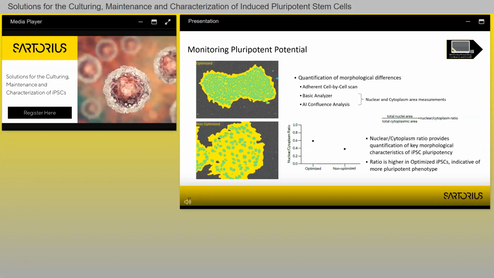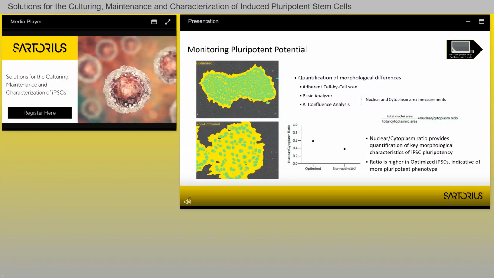Using the Incucyte and the Nuclite red iPSCs, we are able to monitor pluripotent potential in these particular cell types. So we can quantify morphological differences. During this experiment, we used adherence cell-by-cell scan, the basic analyzer, and the AI confluence analysis. The basic analyzer and AI confluence analysis were used for nuclear and cytoplasm area measurements.